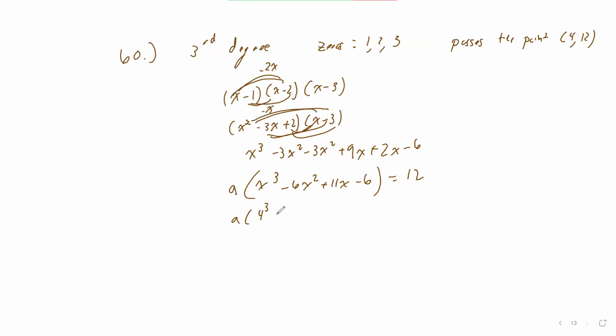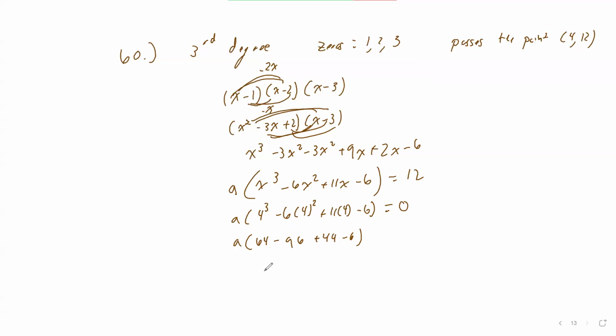I'm going to say 4 cubed minus 6 times 4 squared plus 11 times 4 minus 6. So this will give me 64, and 6 times 16 is 96. That would be 16, 32, 64, 96. Plus 44 minus 6.